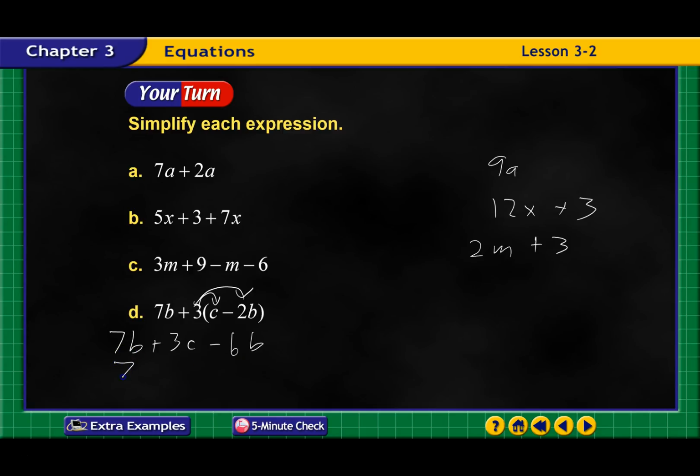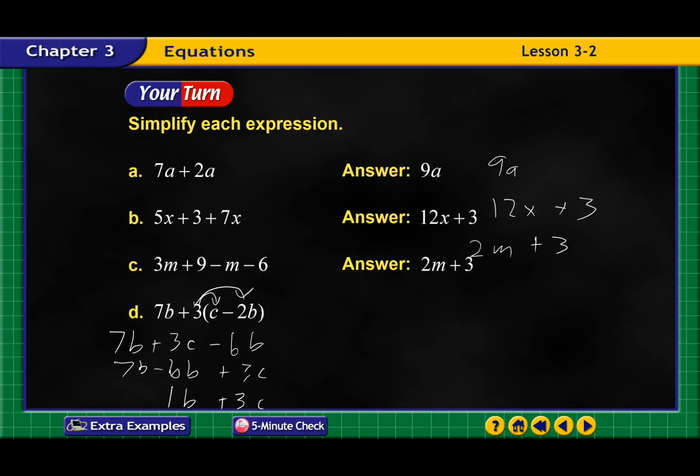See, and they like to reorder it, 7b minus 6b plus 3c. So they reorder it first. 7b's minus 6b's would be 1b plus 3c's. Let's see what we get. 9a, 2, and 3m minus 2, and then b minus 3c.